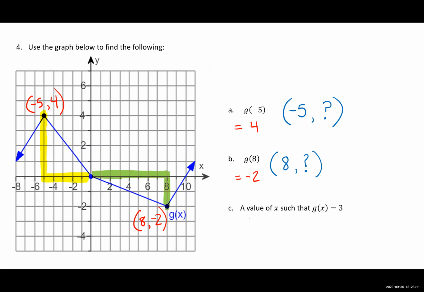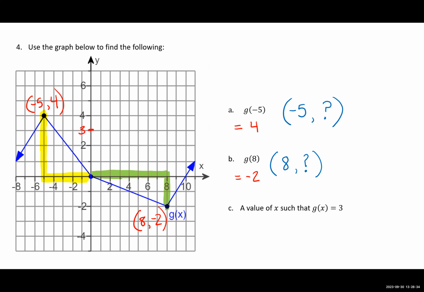Part C is saying a value of x such that g of x is equal to 3. So the y value, g of x, is equal to 3. So let's look at the graph. 3 is right here. There's 3 on the y-axis.